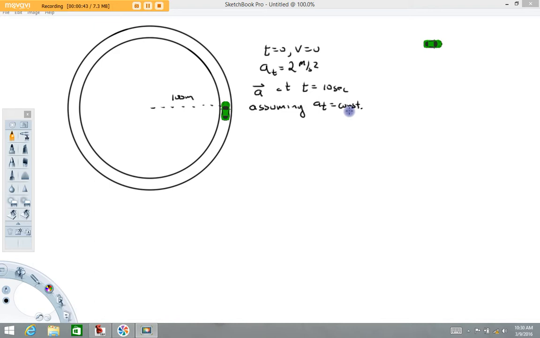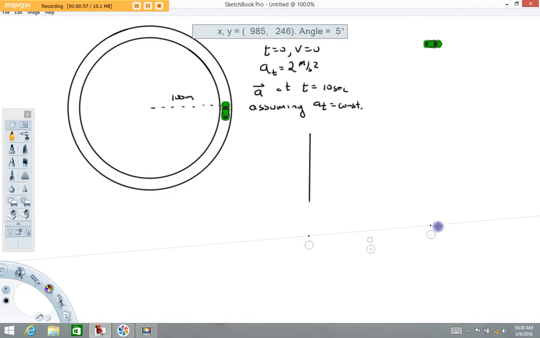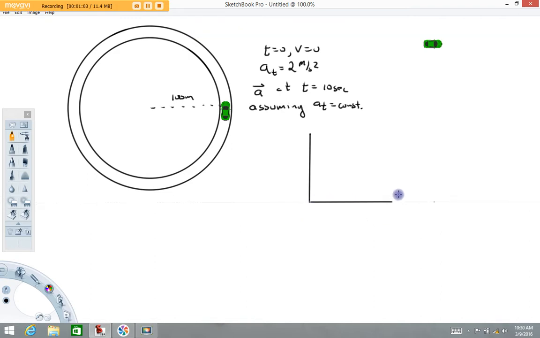So the first thing I'd recommend is to get some idea of where this car is and how fast it's going 10 seconds later. When studying motion, I always like to use a velocity graph. I'm going to make a slight qualifier, though: I'm going to make this a graph of the car's speed against time, because the velocity is constantly changing in direction.